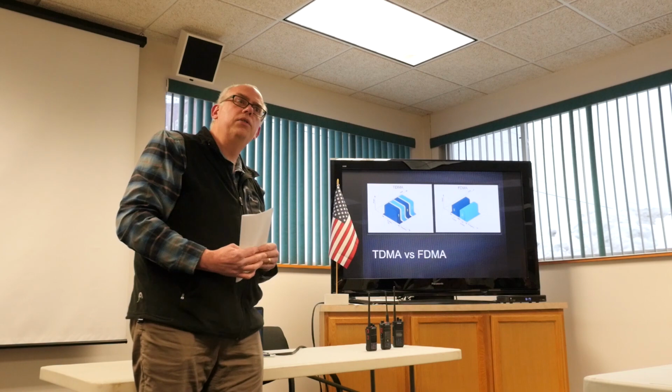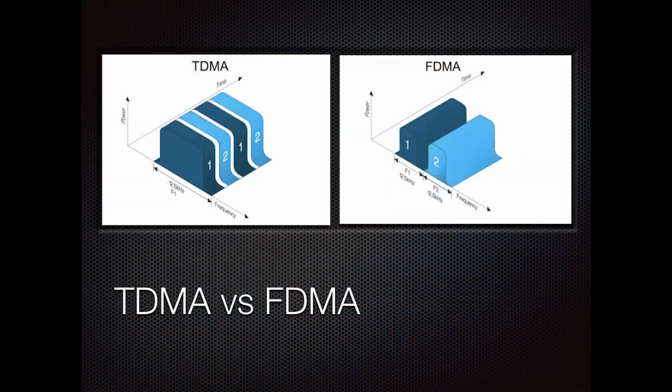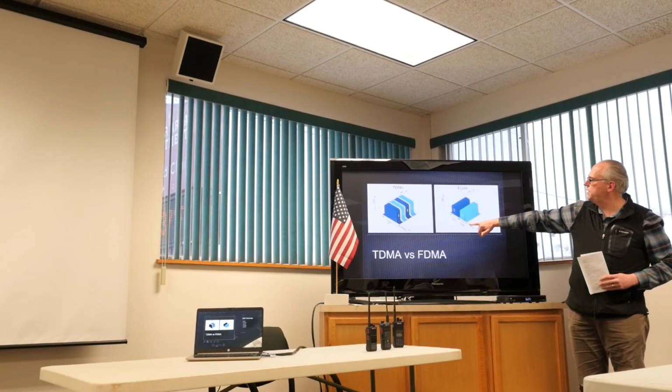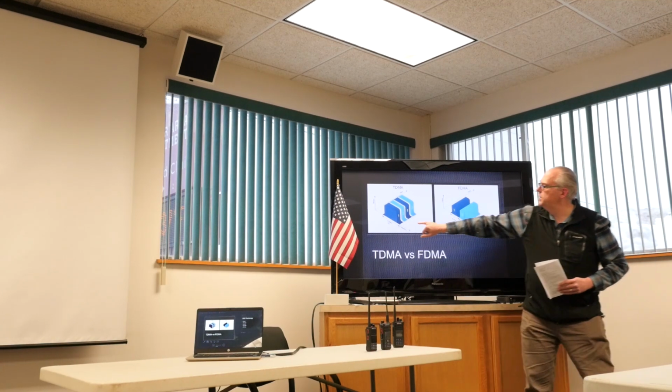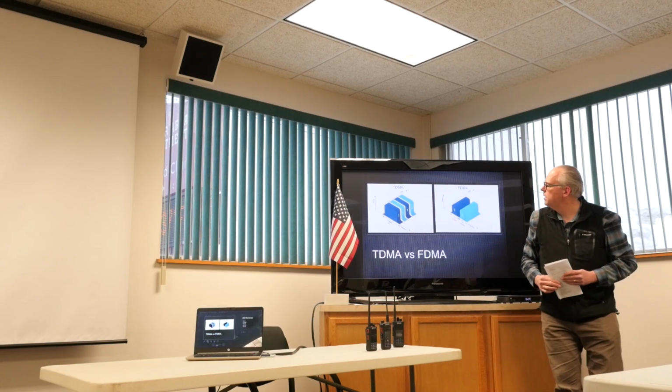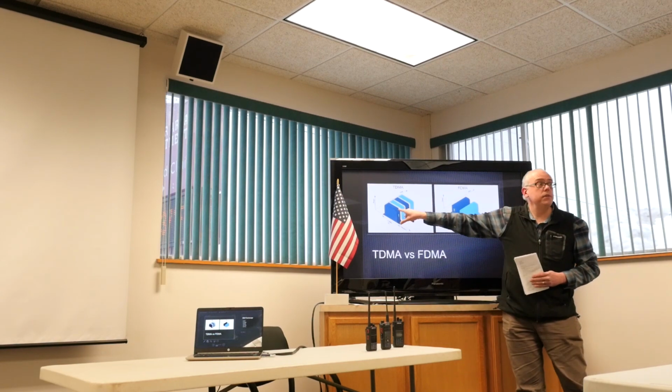This is just another graph that illustrates the difference between FDMA, frequency division multiple access, and TDMA, time division multiple access. With Fusion or D-Star, we would fit 2 signals into that 12.5 kilohertz channel, whereas with DMR, we would fit 1 signal split into 2. So you get more bandwidth.